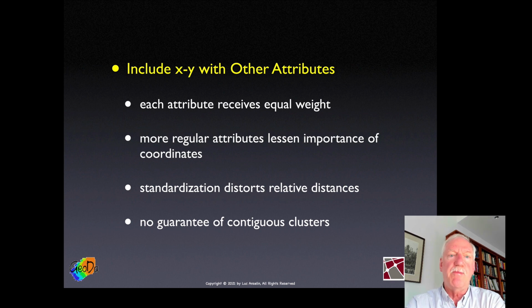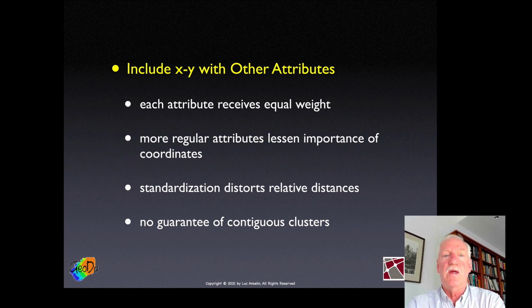The other thing to keep in mind is that since the X and Y coordinates are included among the other variables, just like any other variable, every variable gets the same weight. So if we have p variables, each variable gets a weight of 1 over p, so to speak. What this implies is that if we have many regular attributes, the effect of introducing 2 more in the form of X and Y is going to be minor.